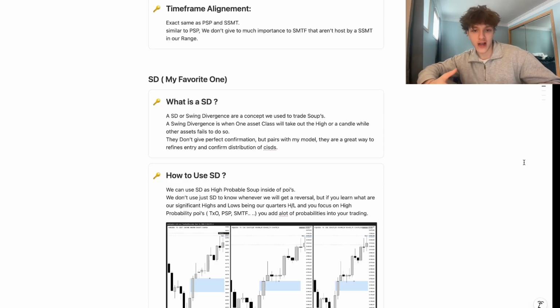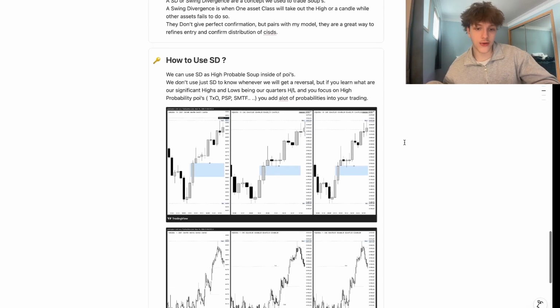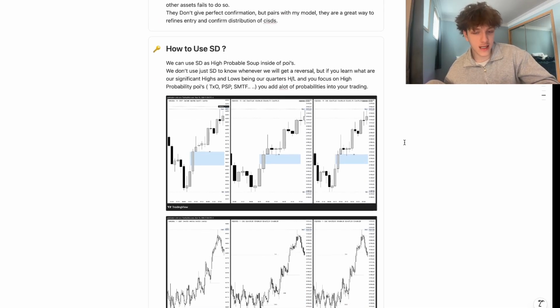They don't give perfect confirmation, but paired with my model, they are a great way to refine entries and confirm distribution of a CISD. So this is how to use SD. That's pretty simple on its own. It just takes a lot of experience and discretion over structure, market structure, institutional order flow, and overall power of three, because many SD will fail.